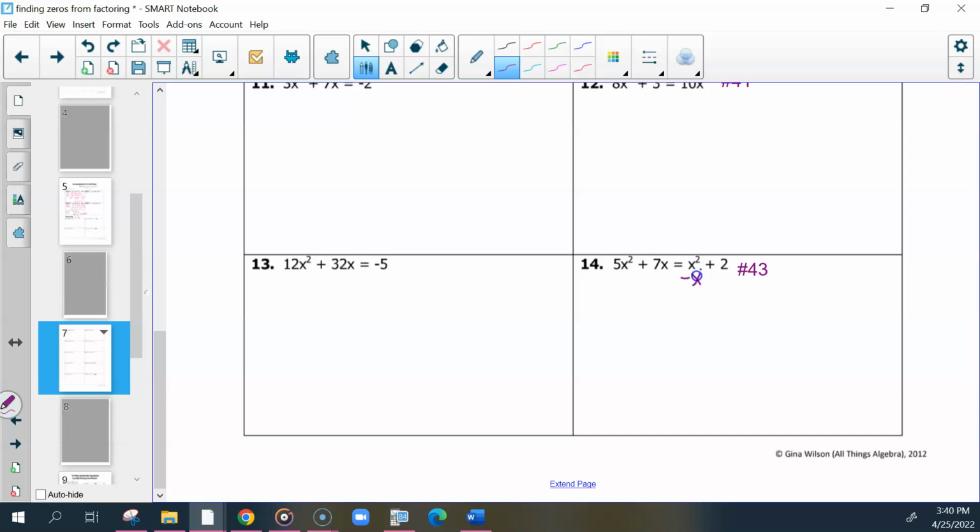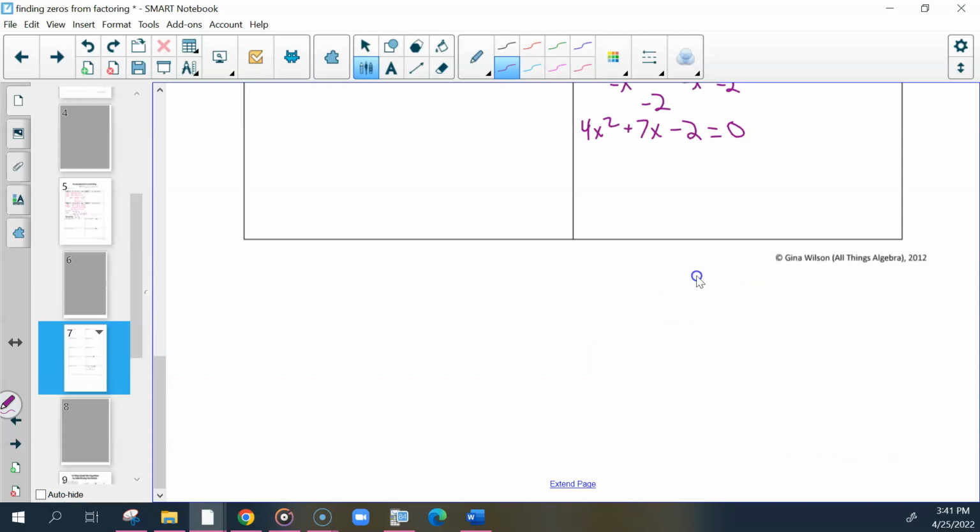Move everything to the left. So move your x squareds together and your constants together. Now when I do this, I'm just moving it to this side. I'm not actually subtracting it to anything. So this would give me 4x squared plus 7x minus 2 equals 0. And then I could go from there.